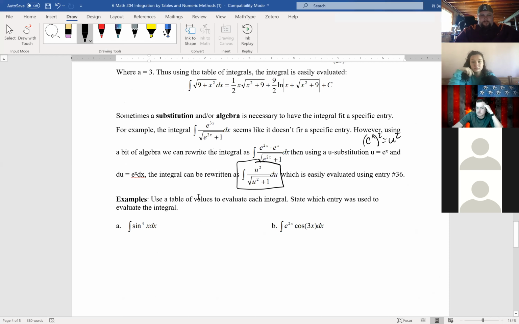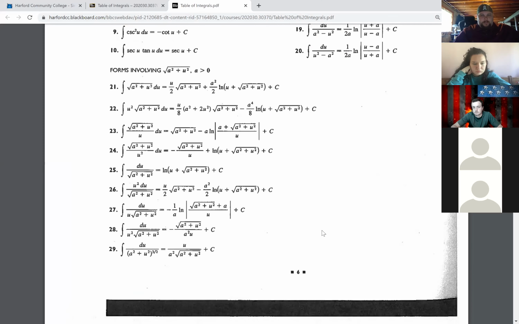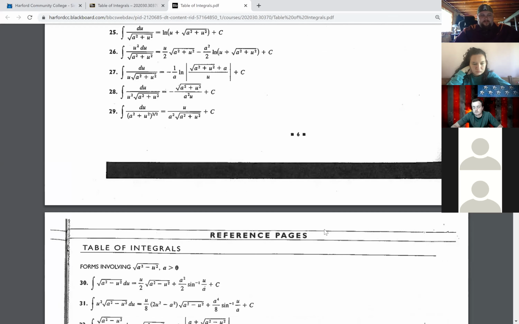So let's try a few more here. It says use the table of integrals to solve the integral. Well, sine to the fourth is not directly in that integral table. So sine, that tells me to look for the trig forms. So I'm going to go there.